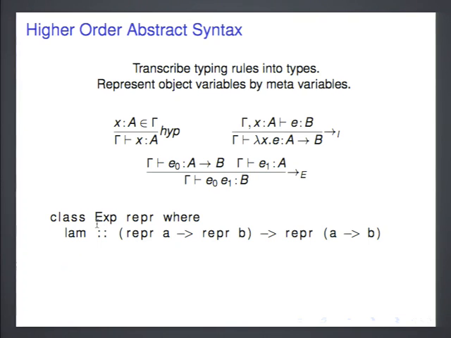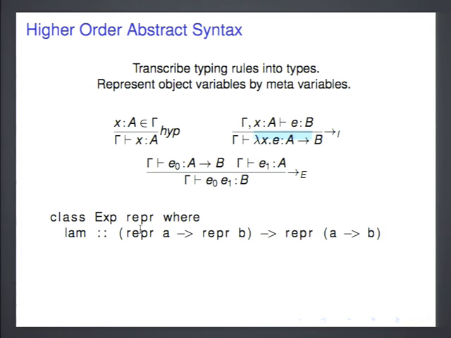Now I'm doing this in the finally tagless style with type classes, but the point is really the types of this constant here, right? So this is representing a lambda, and if you look at the typing rule, we've got an A arrow B, and this sort of becomes just a term of A arrow B. So the idea is that repr here is some type that's going to represent terms of a given type, right?